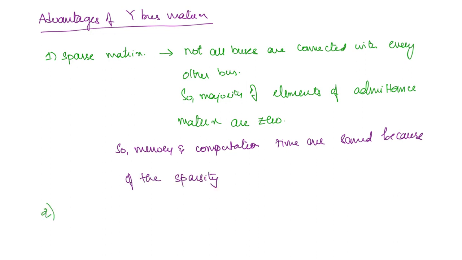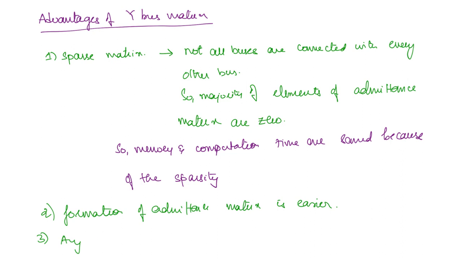The second point is the formation of the admittance matrix is quite simple. Formation of the admittance matrix is easy. And finally, the third point, any changes in the transmission line system are easy to incorporate or modify in the admittance matrix.